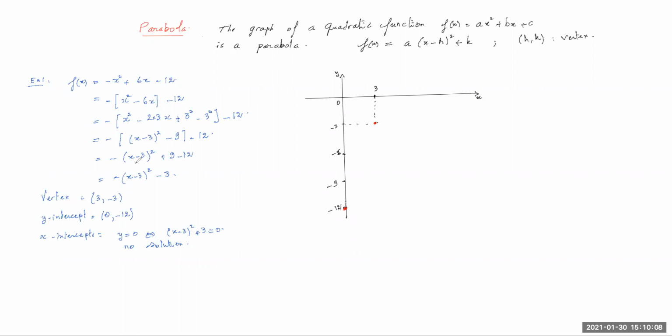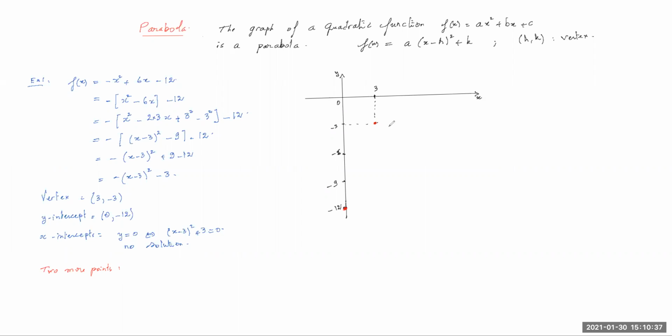Usually we move by 1 unit to both sides of the vertex. The vertex is located at (3, minus 3), so I need two more points to graph the complete shape.